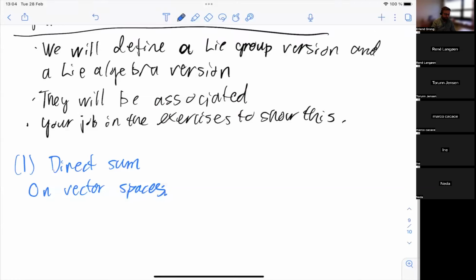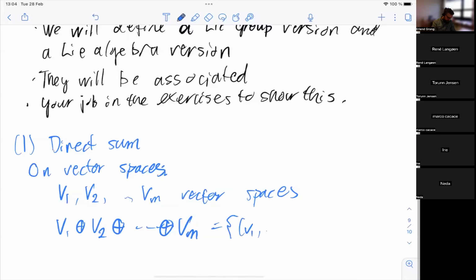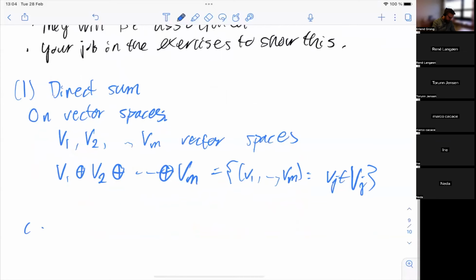So on vector spaces, if we have V1, V2, Vm vector spaces, then the direct sum written with this plus here is the collection of m vectors where vector j is in vector space Vj, and then scalar multiplication here is just defined by scalar multiplying each of the elements.